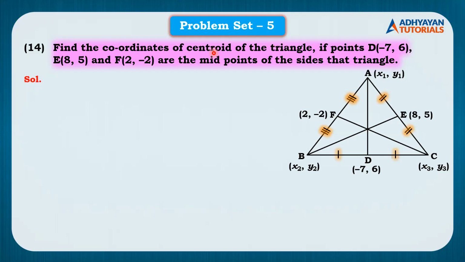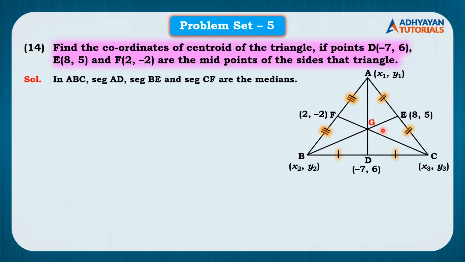So if D is the midpoint of side BC, then AD would be the median. If E is the midpoint of side AC, then BE is the median. And if F is the midpoint of side AB, then CF is the median. So the point where all the medians meet is called the centroid. So these are the medians.